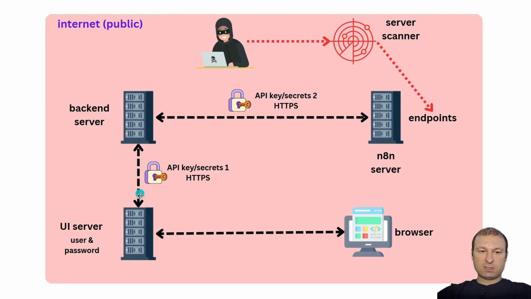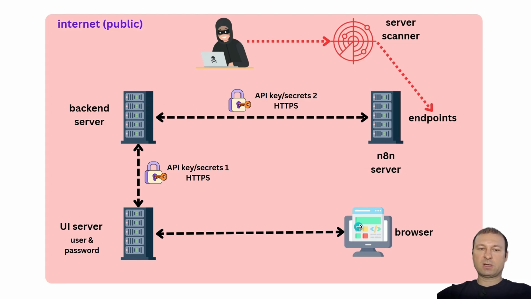What this means is that when the hacker checks the browser and the network tab to see what APIs are being called, he will only see the APIs of this backend server. He will not be able to see the endpoints of the n8n server, because the backend server in its own code will have them hard-coded, so the logic is available inside this server.